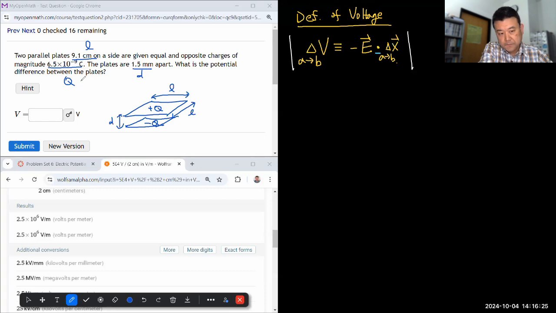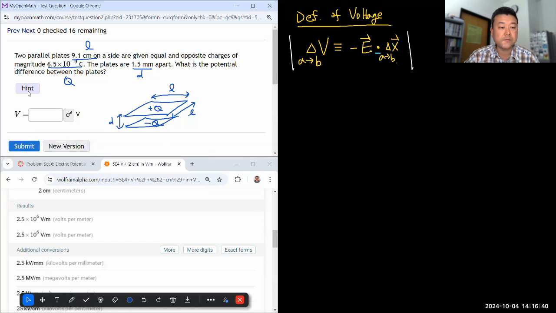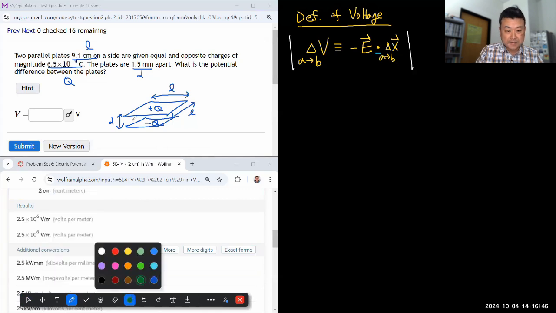So I have some formulas memorized, some of which the hint might mention. Formula for electric field between two plates. The hint tells you where to go for it. I'm pretty sure in this section they derive the formula. So I will just write down the formula that I have memorized in this exact setup, which is one of the more common situations dealing with the uniform electric field.